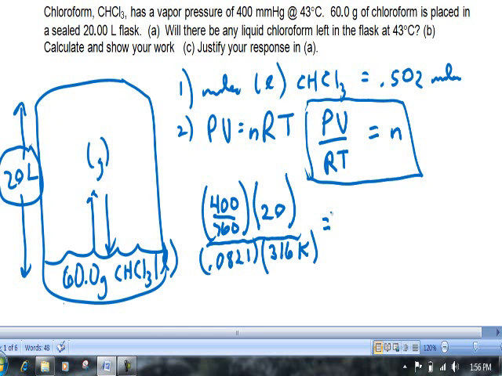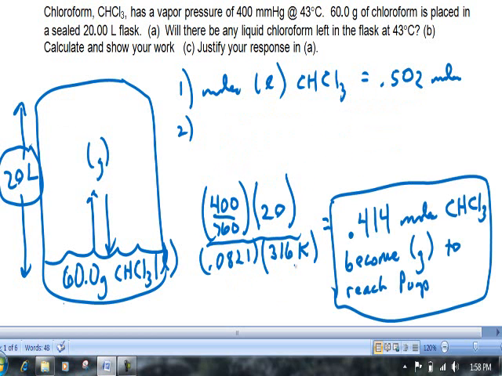Putting in our information, the vapor pressure of chloroform at 43 degrees is 400 millimeters mercury. To convert that to atmospheres, we're going to do 400 divided by 760. The volume of our container is 20 liters. The R value, 0.0821. Our temperature converted to Kelvin is 316 Kelvin. Calculating this, we find that 0.414 moles of chloroform become gaseous to reach the vapor pressure.